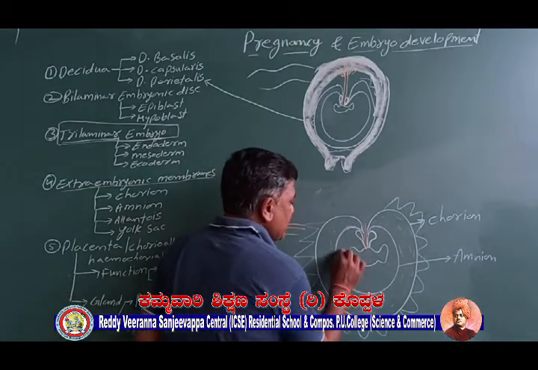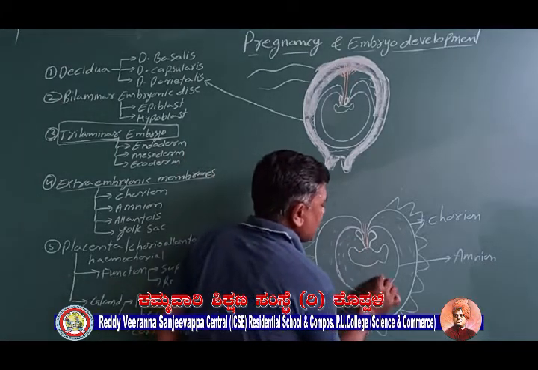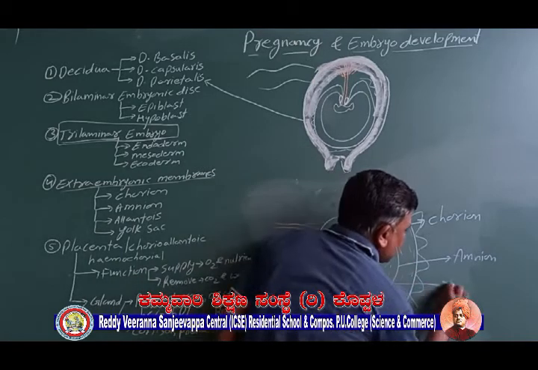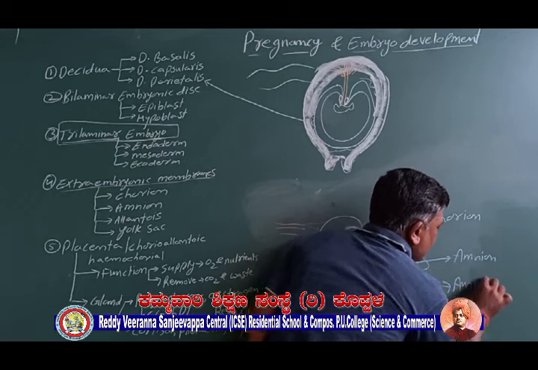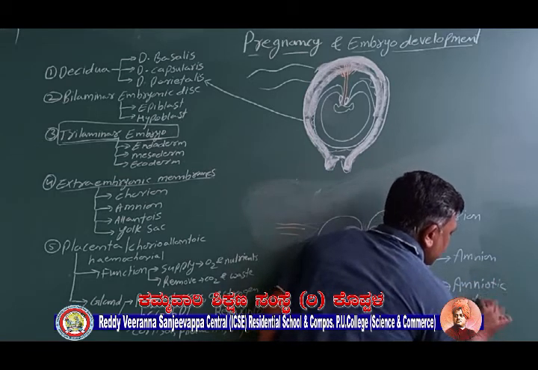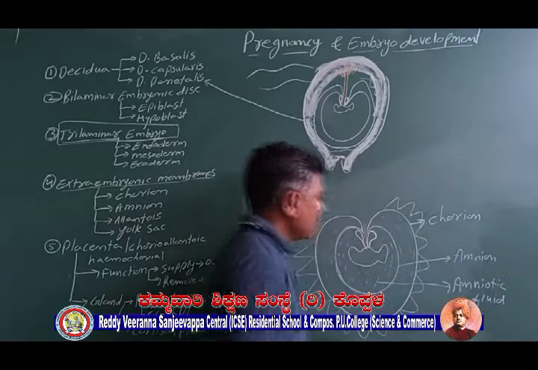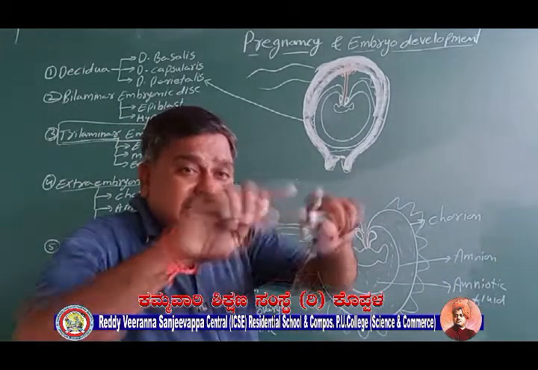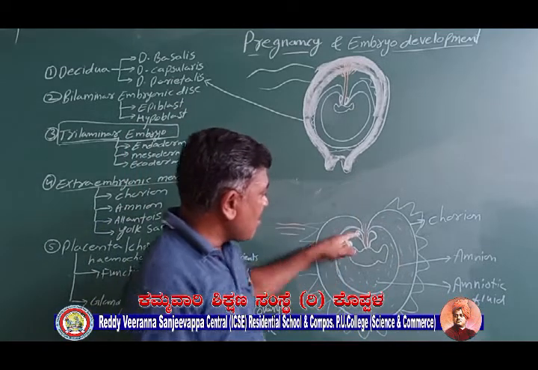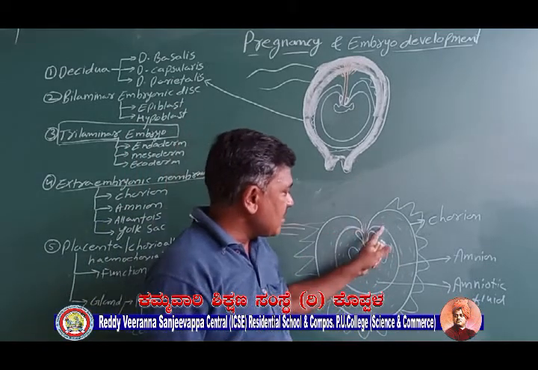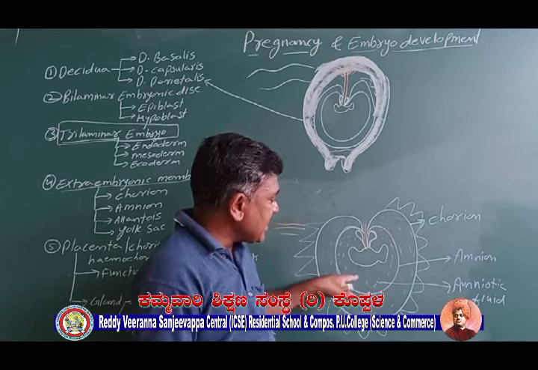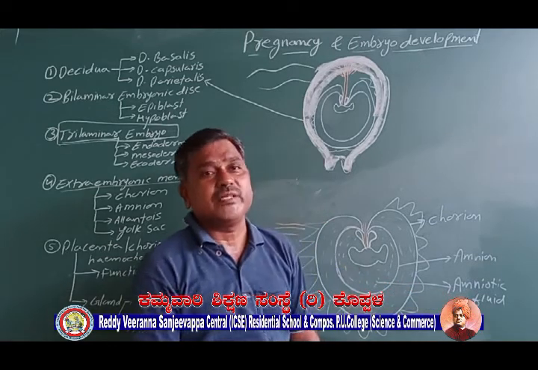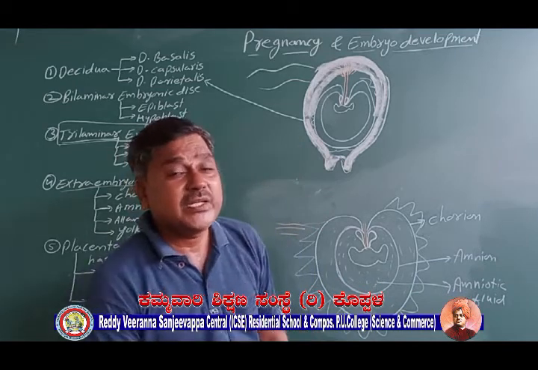Now, inside this amnion there is amniotic fluid. Clear? So, the outermost layer is chorion, and inside that there is the amnion layer. This amnion layer contains a fluid, and that fluid is called amniotic fluid.